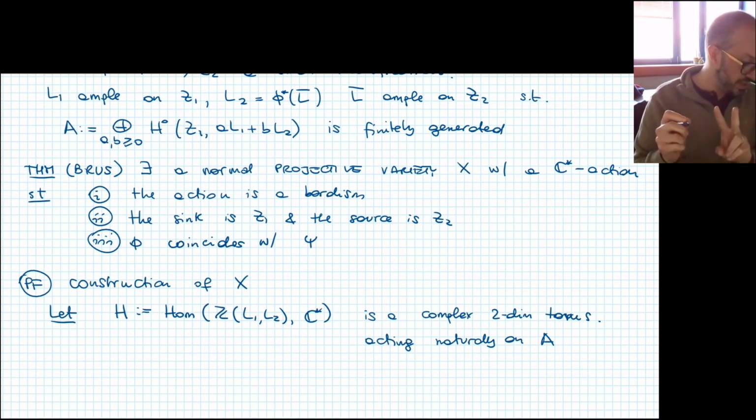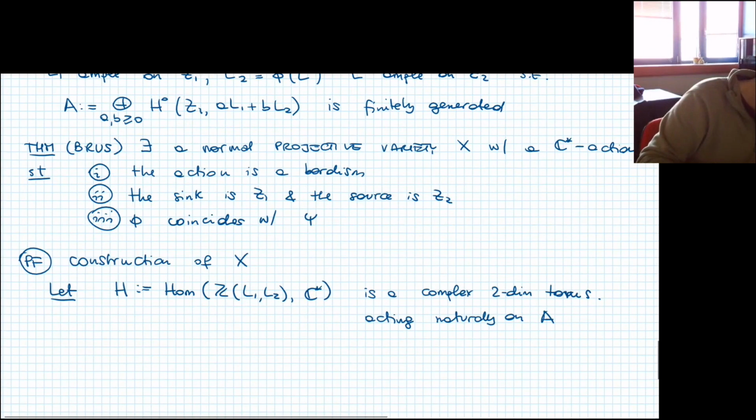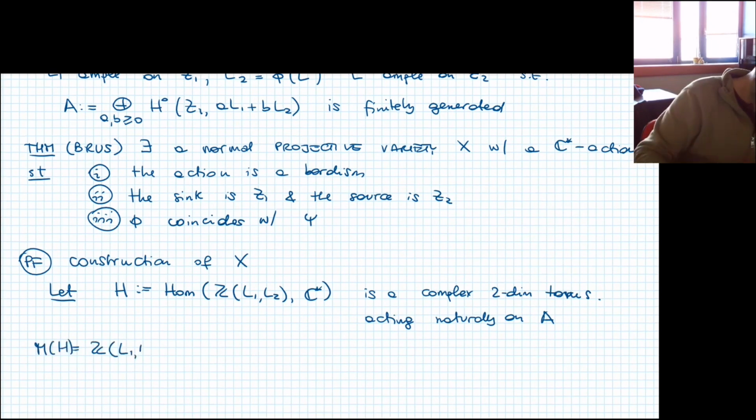So what you can do is fix one cocharacter element alpha of the lattice of L1, L2, the character lattice.